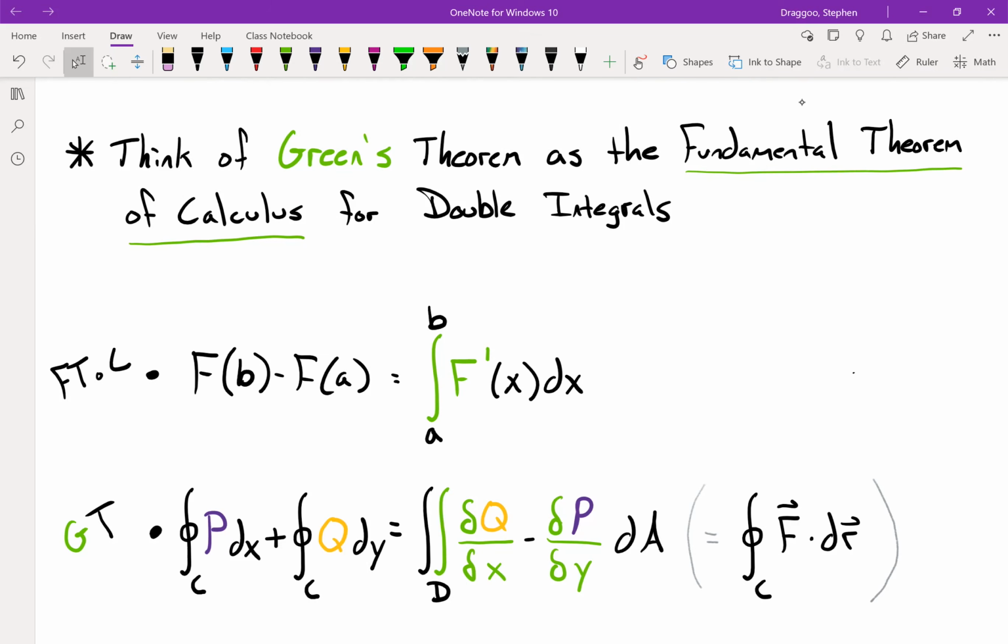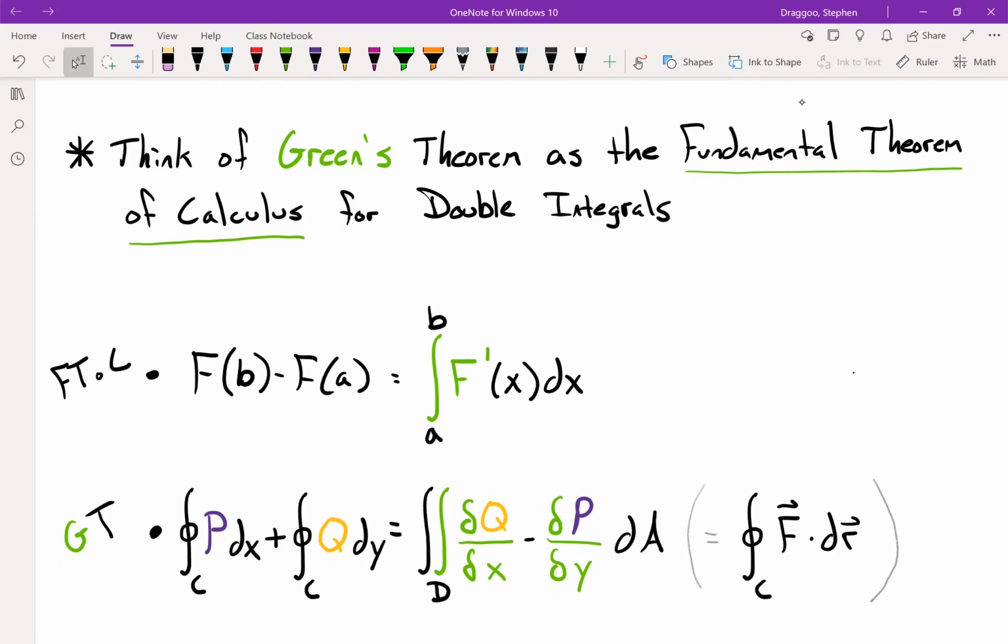And we end up reducing our overall integral count by 1 when we use either the fundamental theorem or Green's theorem. Green's theorem says we go from a double integral to a single line integral, whereas the fundamental theorem of calculus says that we go from the integral of a derivative to just that function, but with its endpoints plugged in.